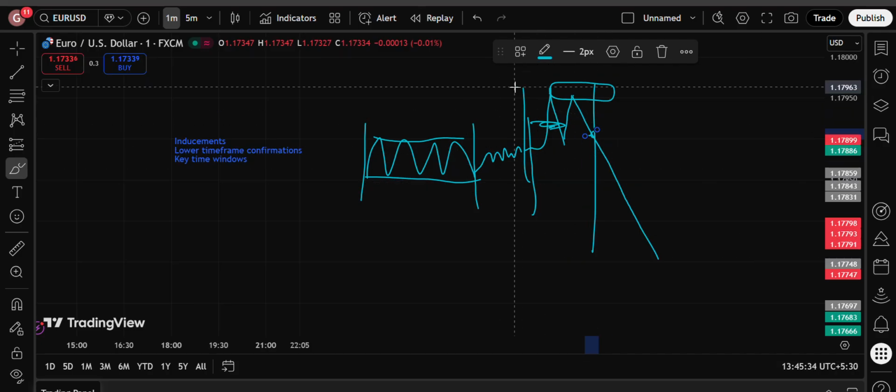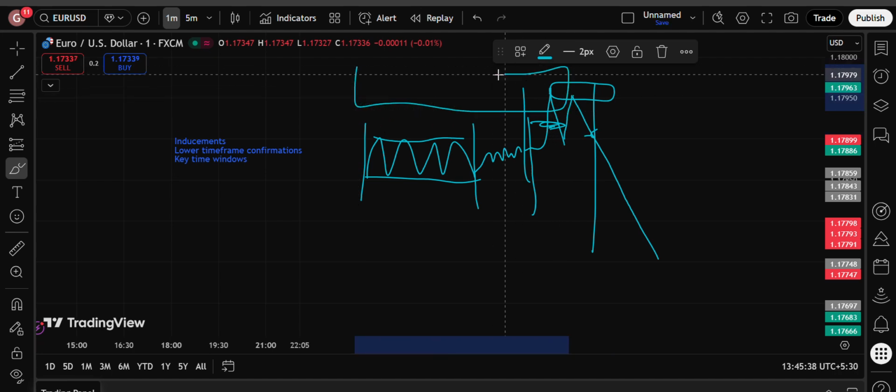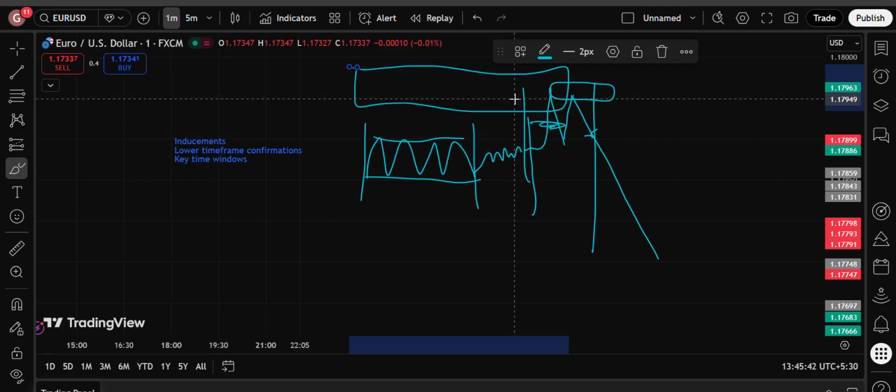But if it was a high probable trade, let's say, and we tapped into our point of interest, we induced Asia, we induced Frankfurt, we also tapped into a supply zone right over here. So this is a very high probable trade, and price gives us a bearish reaction, and it did an internal breakout structure.